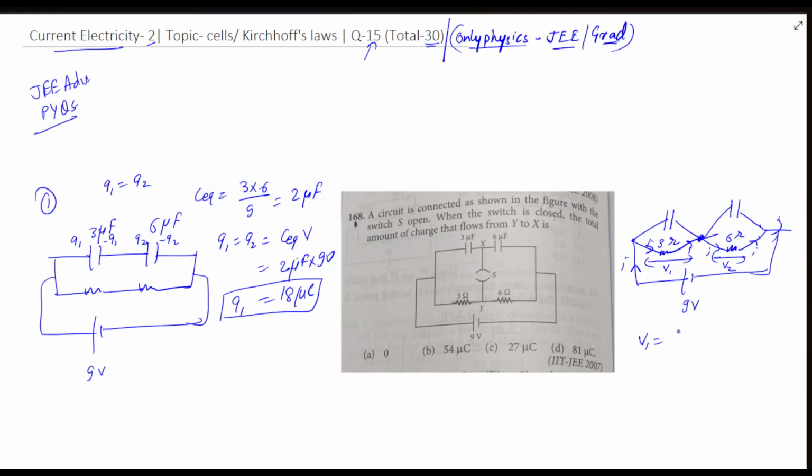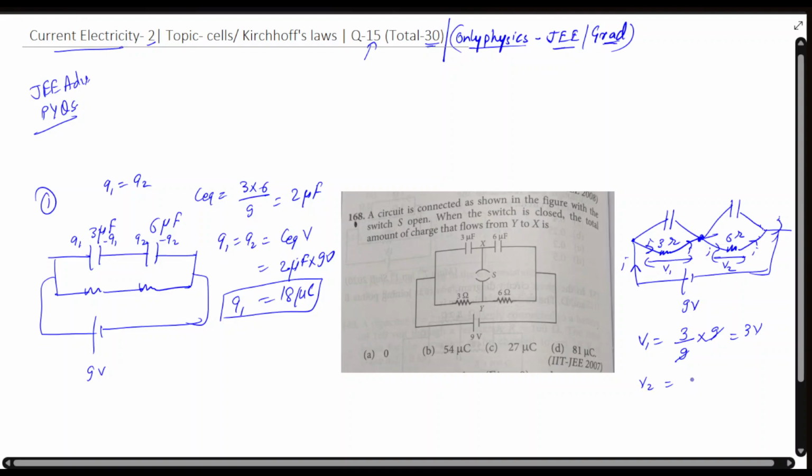V1 will be, as we know, potential is directly proportional to resistance, correct? So we can write it as 3 upon 3 plus 6, which is 9, into 9. So V1 will be 3 volt, and V2 will be 6 upon 9 into 9, so it will be 6 volt.